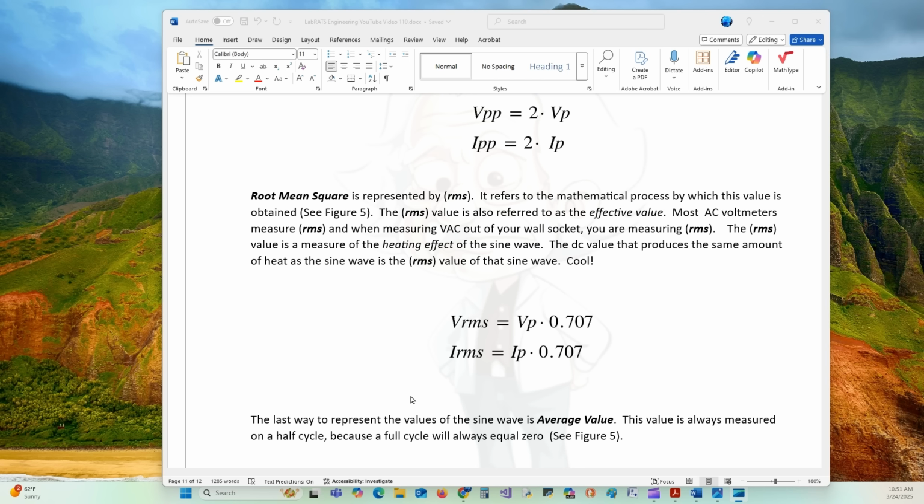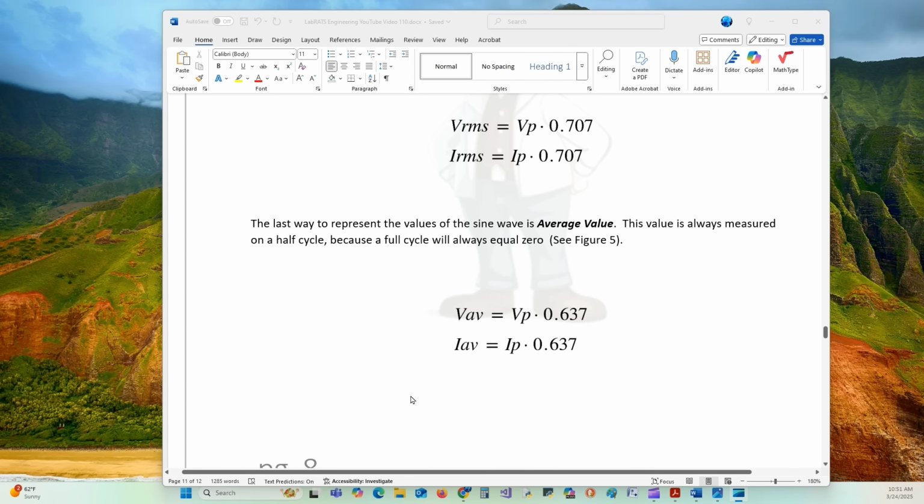So as you can see, VRMS is equal to the voltage peak times 0.707, and current RMS is equal to IP times 0.707 as well. The last way to represent these values of the sine waves is average value. This value is always measured on half cycles because a full cycle will always equal zero.